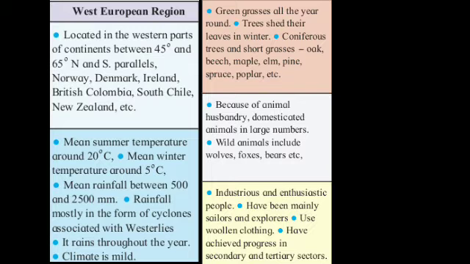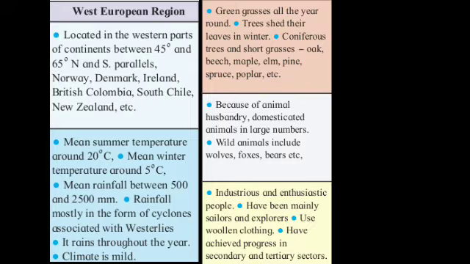Wild animals include wolves, foxes, bears, etc. Now, human life. People here have been mainly sailors and explorers, use woolen clothes, and have achieved progress in secondary and tertiary sectors.